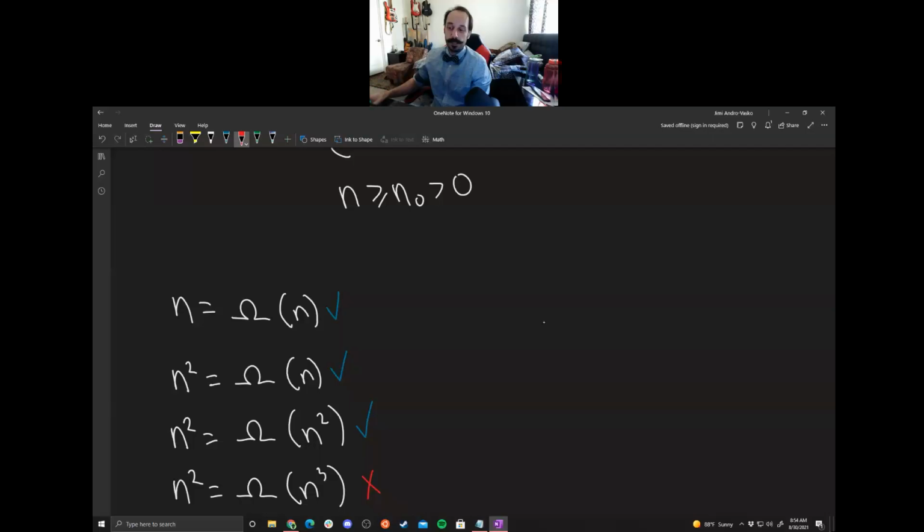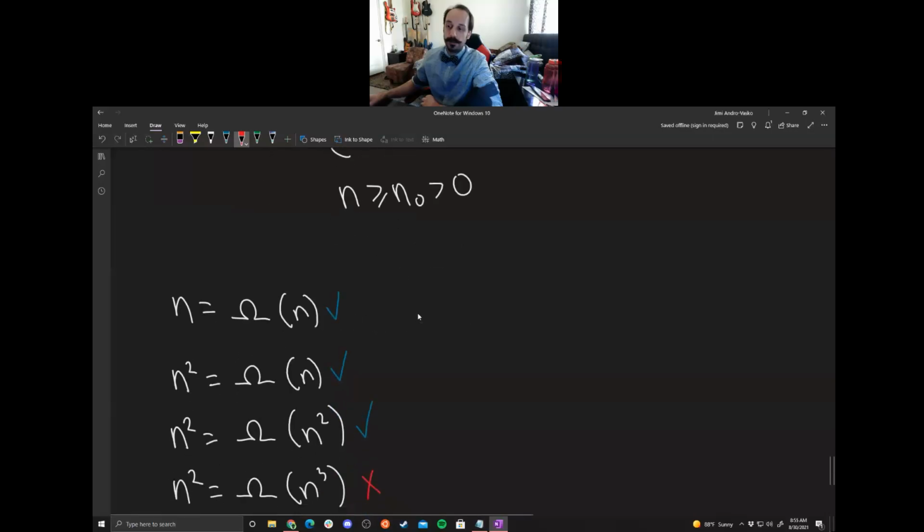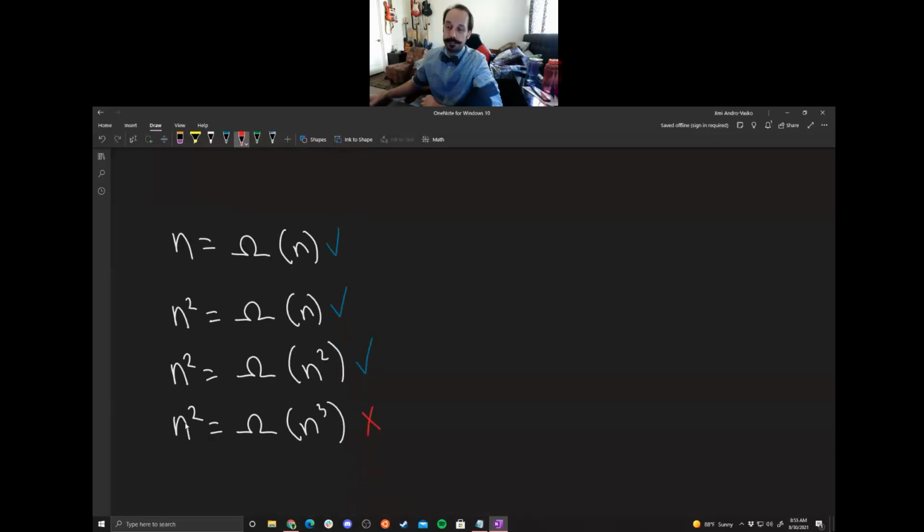Doesn't matter. n cubed will eventually pass n squared, which means that n cubed cannot properly lower bound n squared.